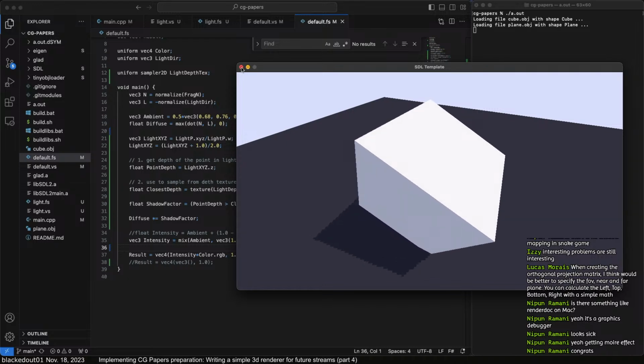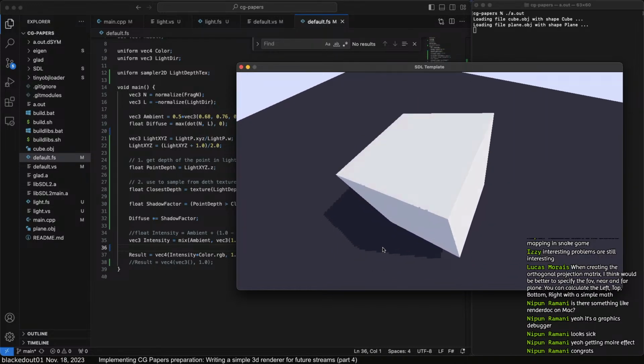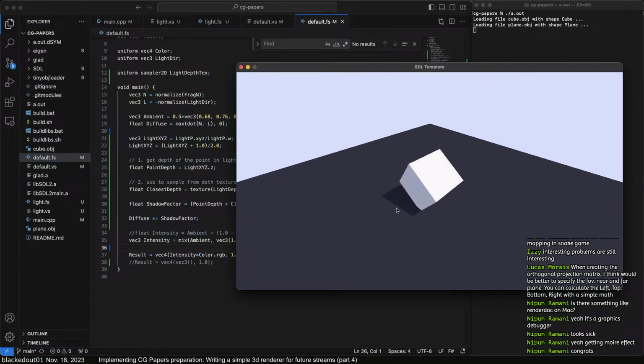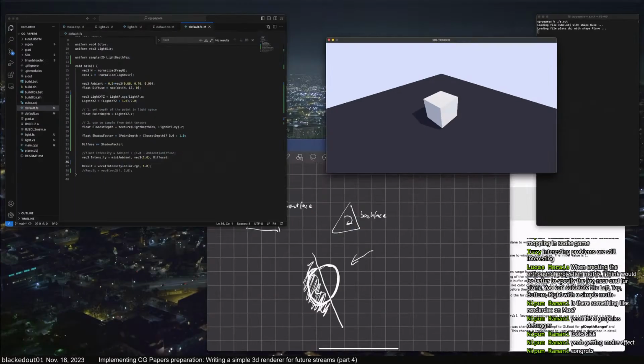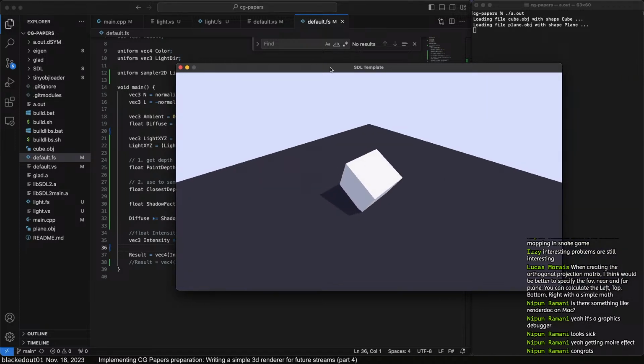So what I wanted to do is improve the quality of the edges of the shadow so that they are smooth. But the problem is I already streamed like 3 hours. So I think I will do this in the next one.